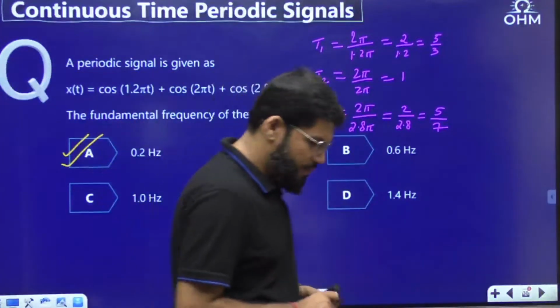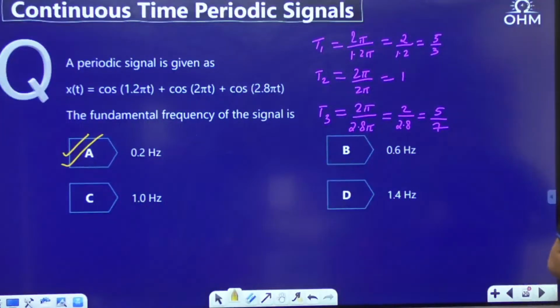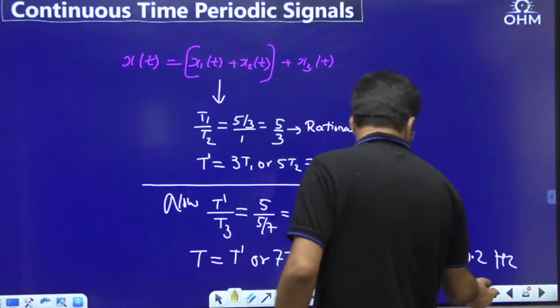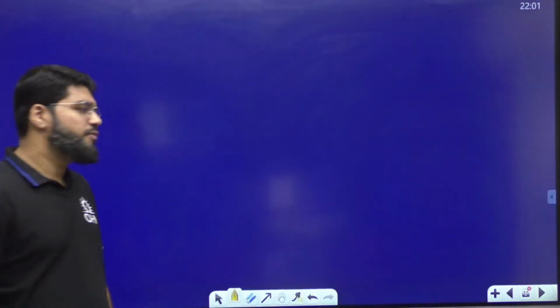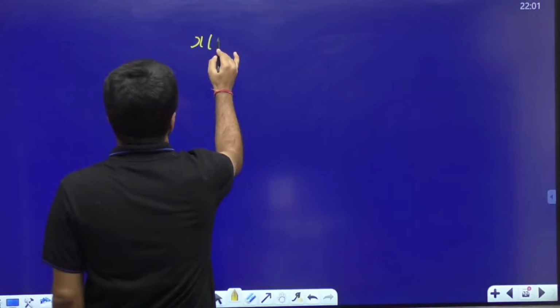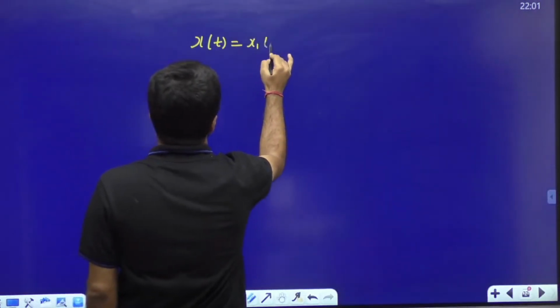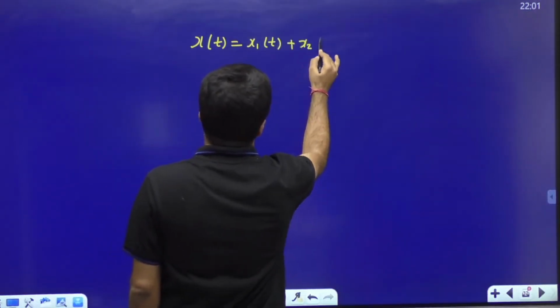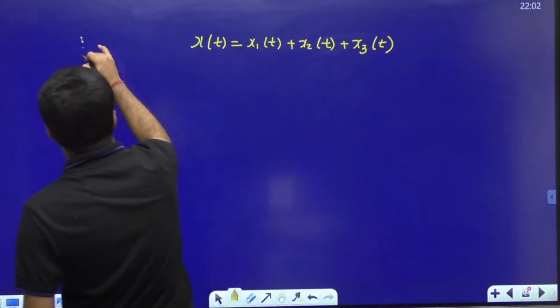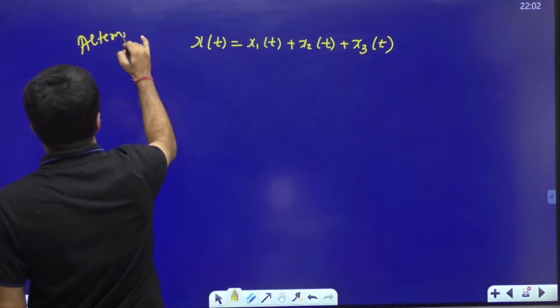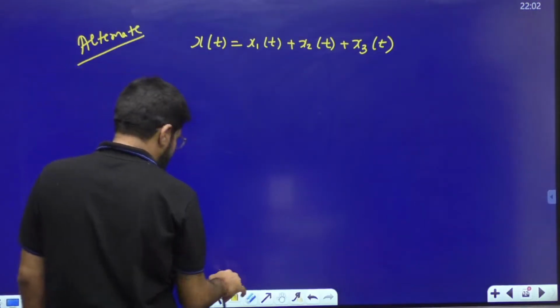Now, what you can also do here is, if they are directly asking you the frequency, suppose x(t) is equal to x1(t) plus x2(t) plus x3(t). Look into an alternate.